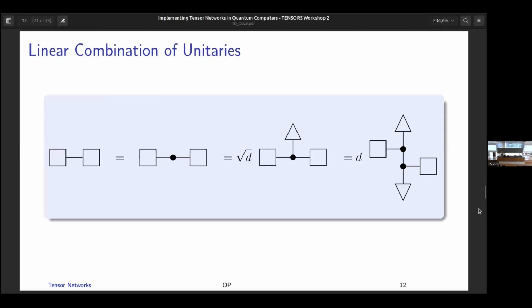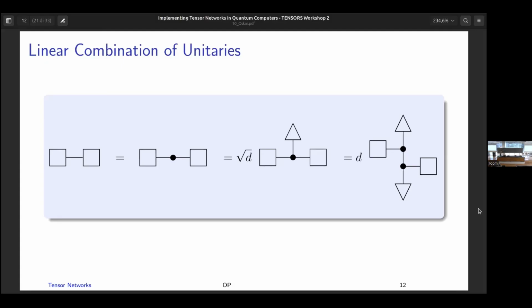Then the next building block that we need in order to transform a tensor network into a quantum circuit is that we need to transform the horizontal lines into something that we can encode on a quantum circuit, because this horizontal line, this contraction, is not implementable on a quantum circuit. Here these are two squares, but you can imagine that they are any kind of tensor, with more legs as required.